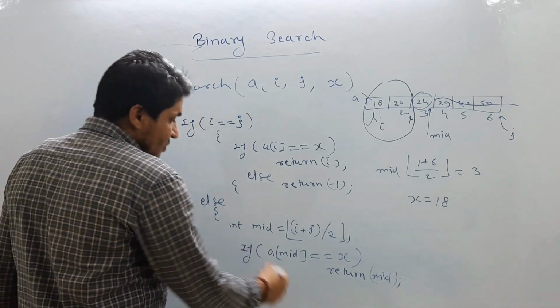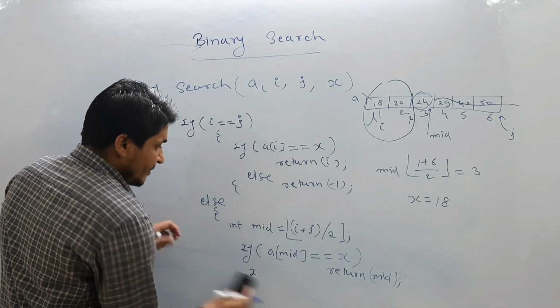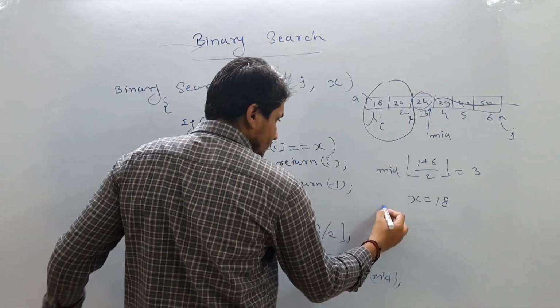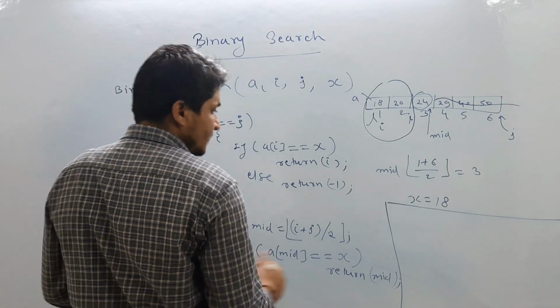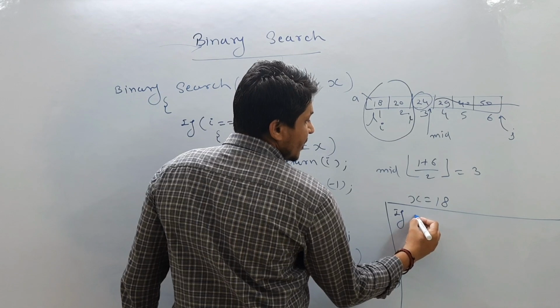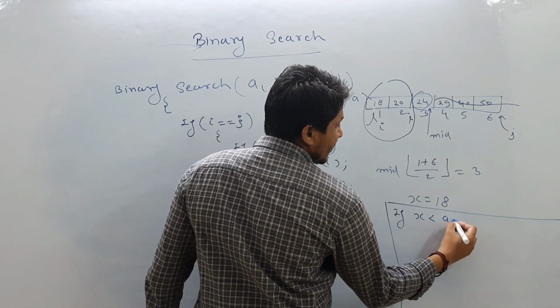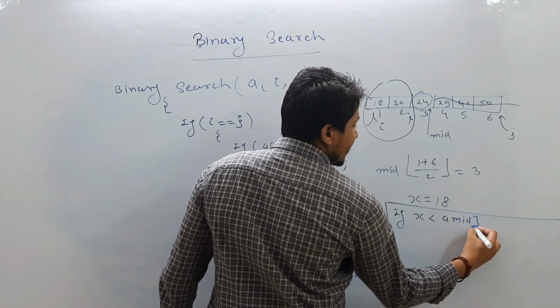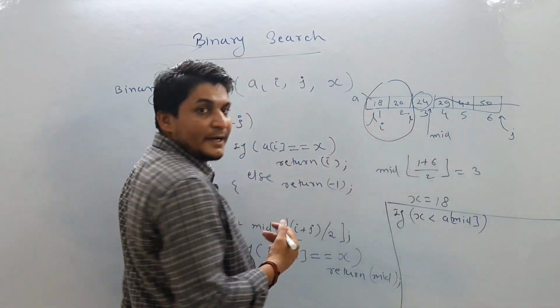So first you will compare: if x less than a of mid. If x is less than a of mid, it means your value is available on the left hand side.